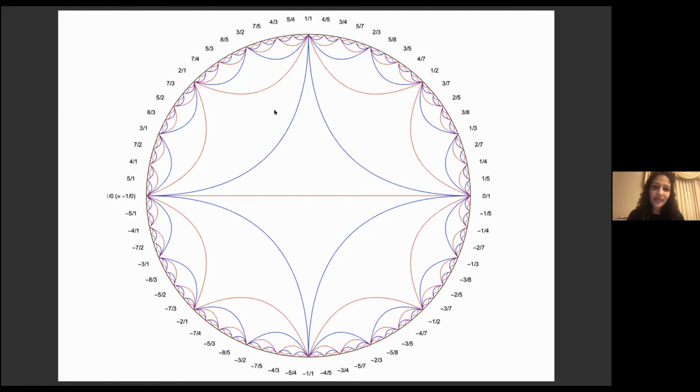Another interesting property is that if you have a curvilinear triangle and you know the fractions at the ends of the long curvilinear edge, then to find the third fraction at this vertex, you just add the numerators separately and the denominators separately, and you get the fraction. This is known as the Farey diagram. I won't say much about it, but it features heavily in the algorithm that we provided. I'll be happy to discuss this later on if someone wants to.